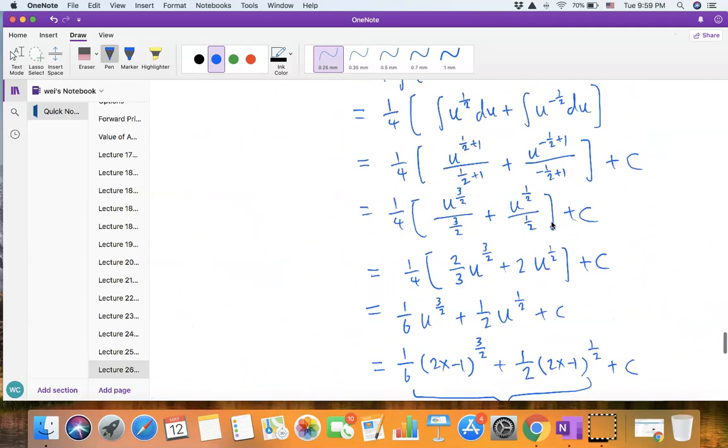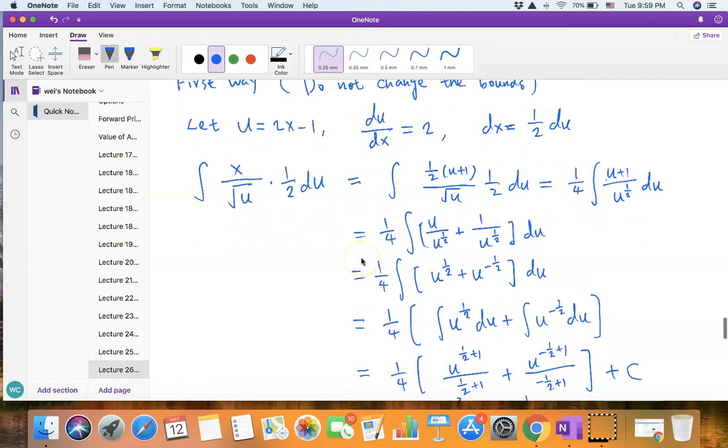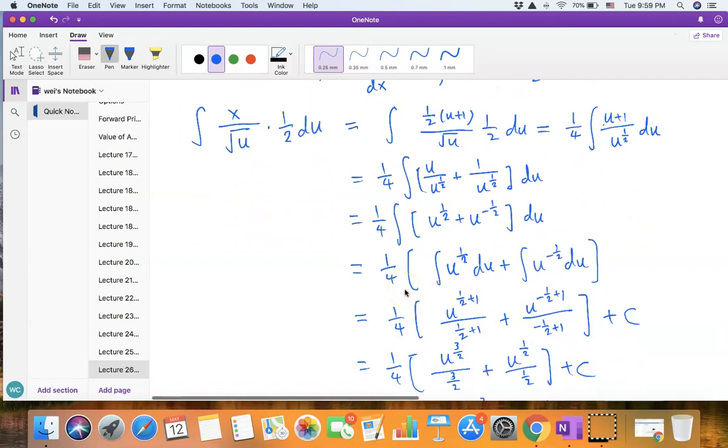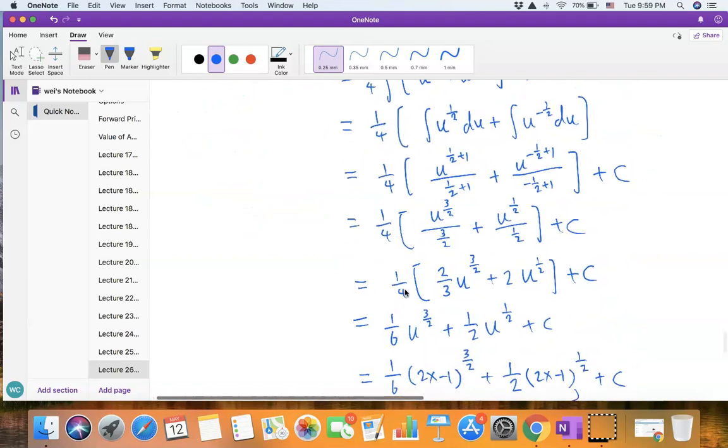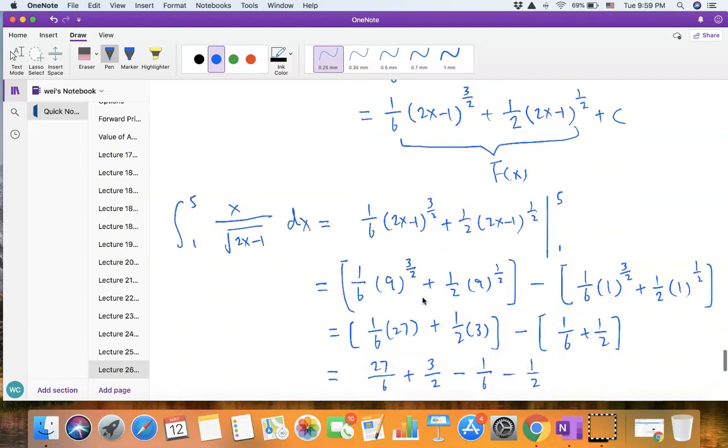What this means is, after we use substitution and find the antiderivative, before we bring the x back, the antiderivative is written in terms of u.